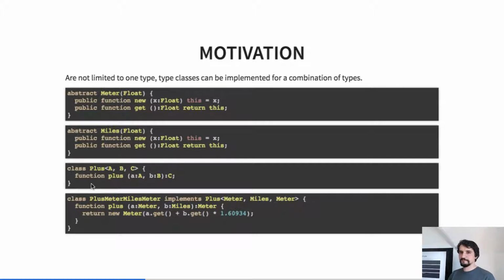So if you have, for example, something like abstract miles with a toInt, the algorithm will not look for a type class for the type int. It will just look exactly for this type.